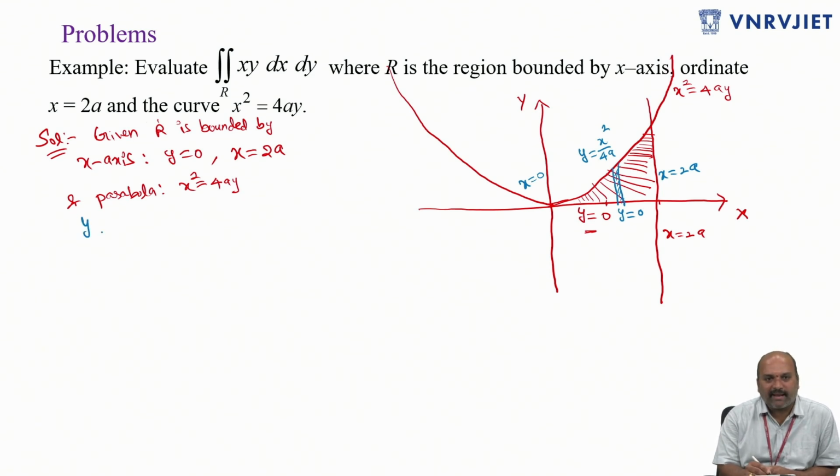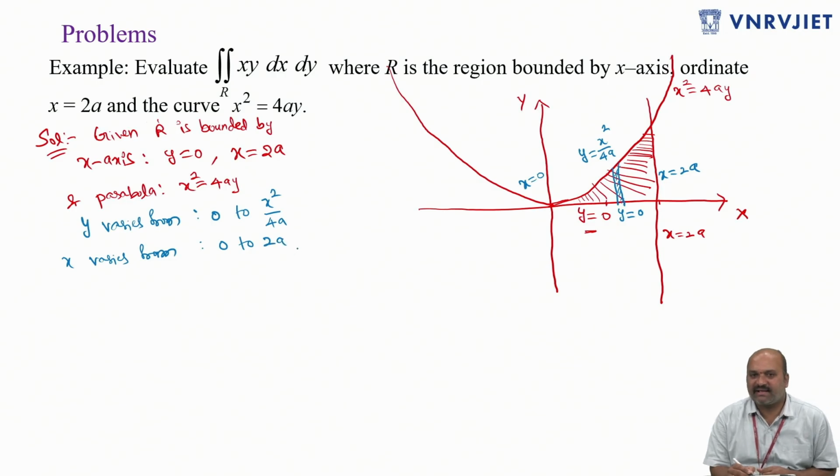Here y varies from 0 to x²/4a and x varies from 0 to 2a. So now we have the y limits as well as the x limits.